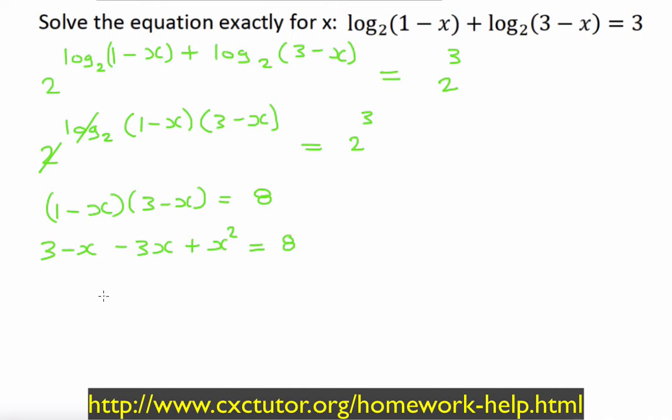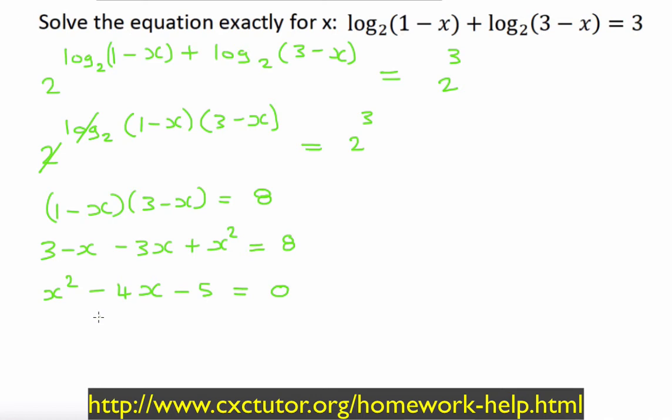What I want to do now is have an expression where I have my quadratic on the left hand side and it is equal to 0 on the right hand side. So let's simplify this. Carry the 8 over. I should have x squared minus 4x minus 5 is equal to 0.